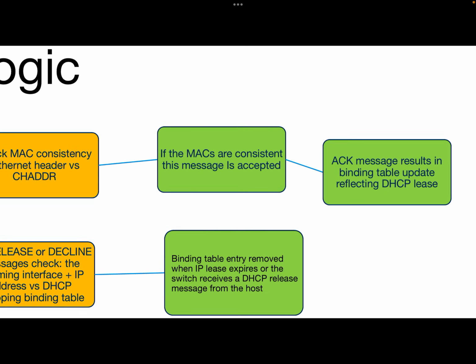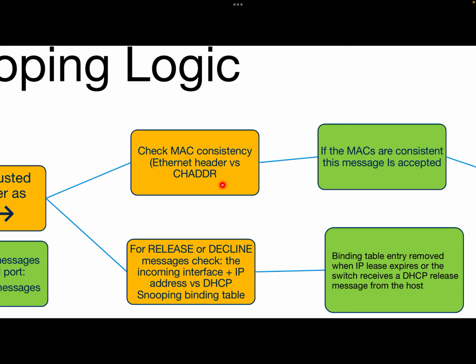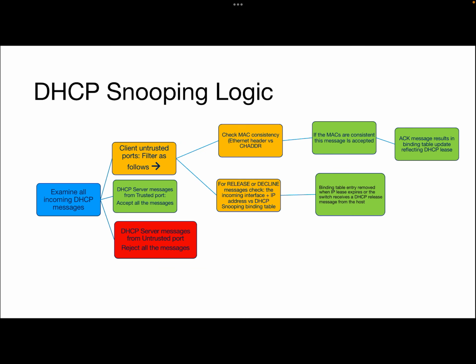So the decision making branches out. We've gone from examining all the incoming messages to specifically filtering these messages. You have that initial examination, seeing whether they are DHCP client messages from untrusted ports, or DHCP server messages from trusted ports, or DHCP server messages from untrusted ports.